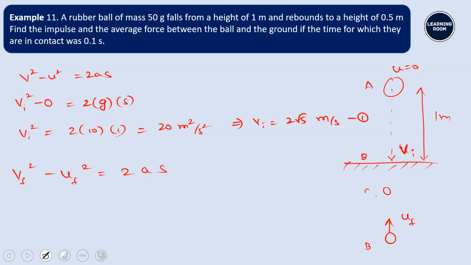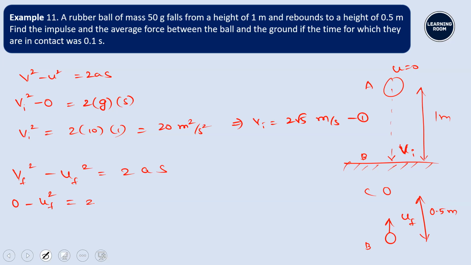So when the object has traveled from B to C, this height is how much? 0.5 meters. Is that right? So v final square is 0, because when the object has traveled from here to here, at point C the final velocity is going to be 0, minus what is the initial velocity? That's what we need to calculate.